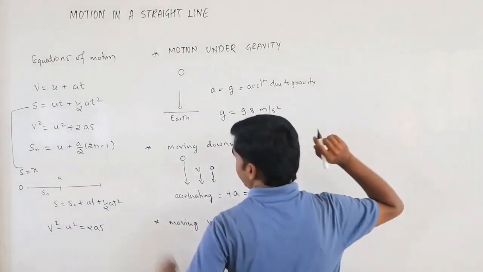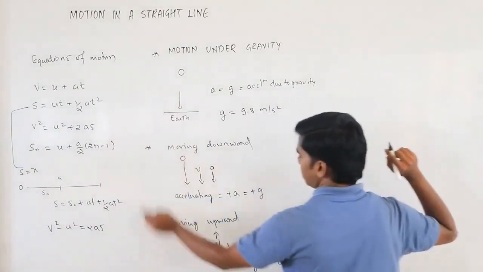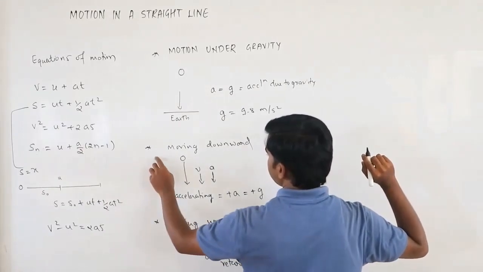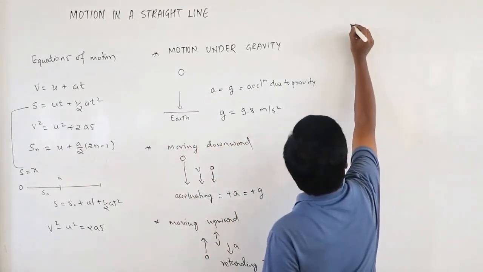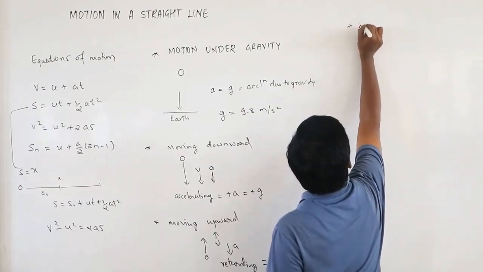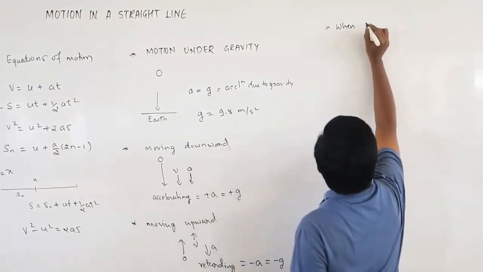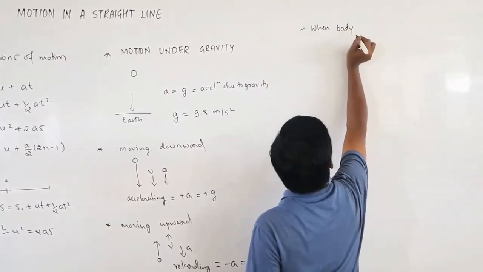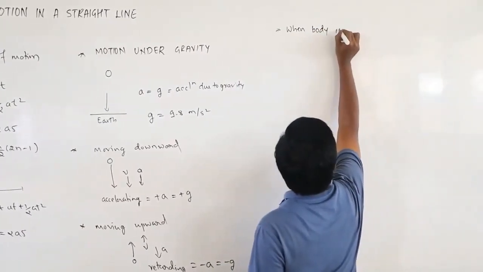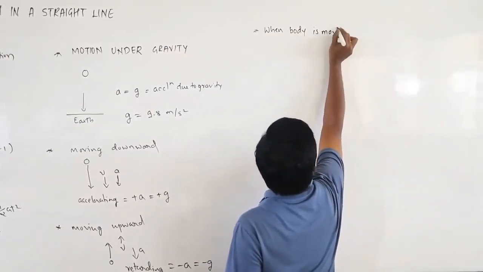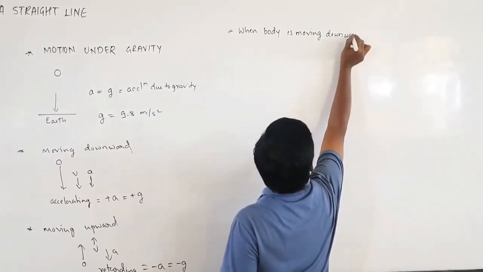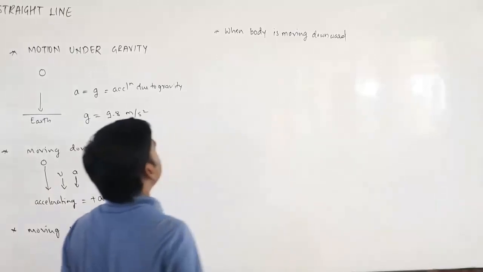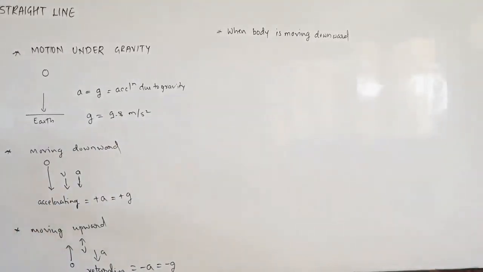Okay. So now I will write these equations for these two situations. What is the first equation? When the body is thrown downward or moving downward, you have to write all these three equations.